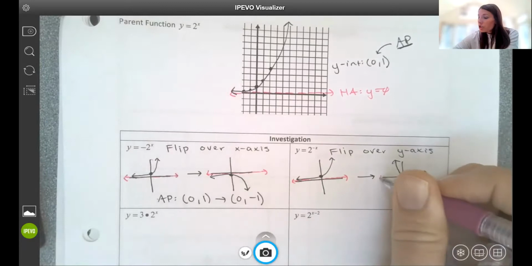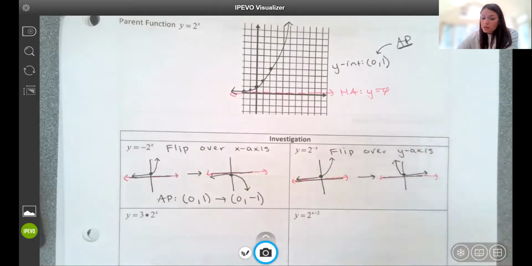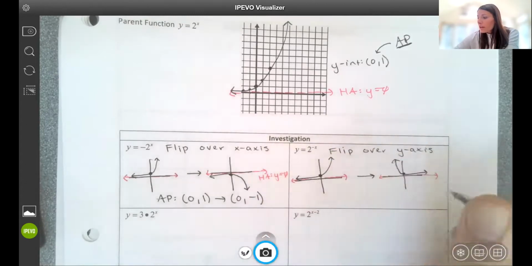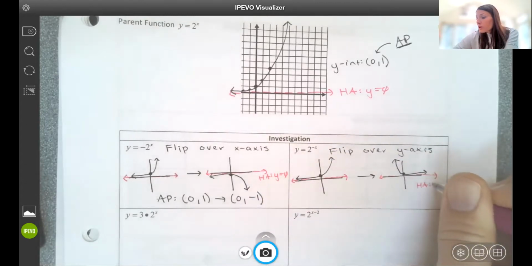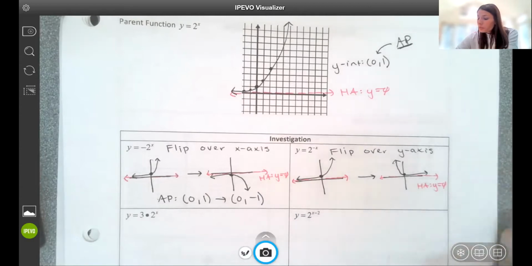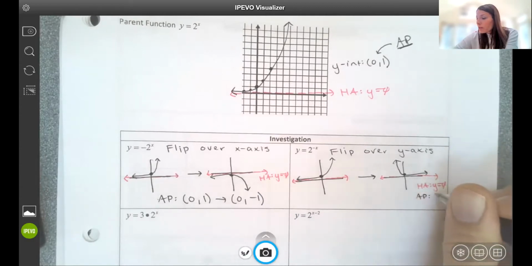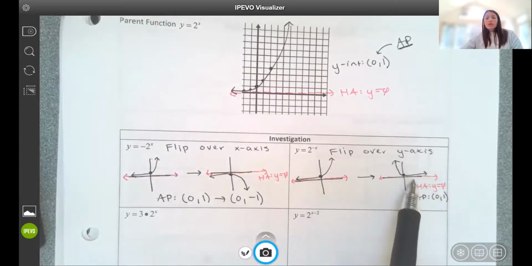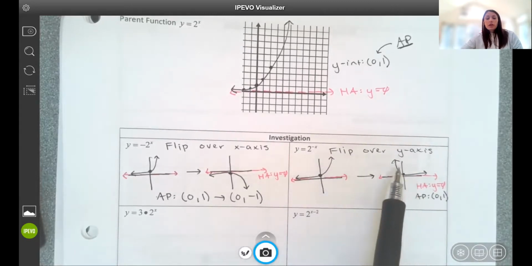No, it didn't change my anchor point, didn't change my horizontal asymptote. This is still a horizontal asymptote of y equals 0 and an anchor point of (0, 1). It just flipped it over the y-axis when I add a negative into the exponent.